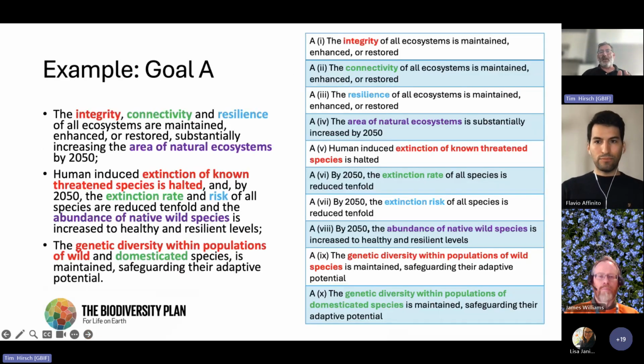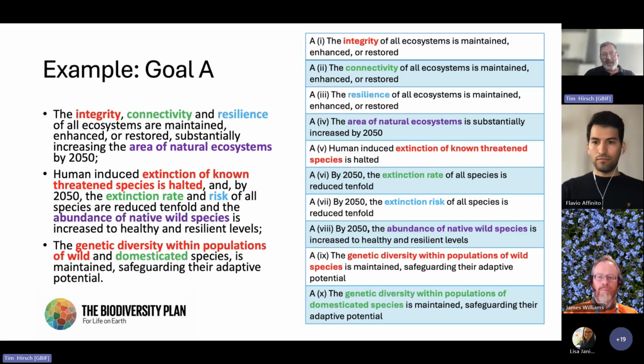So for the remainder of this presentation, I'm just going to go through 3 examples to help to define and explain the logic of how these elements were decided. The full list of these will be available in the information document for SBSTTA that will accompany the gap analysis.